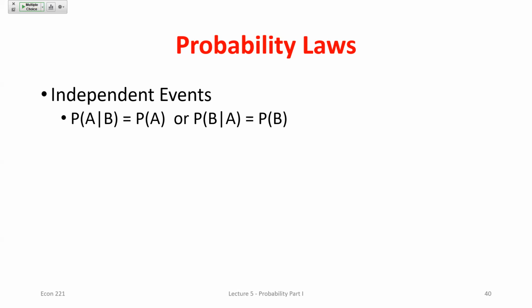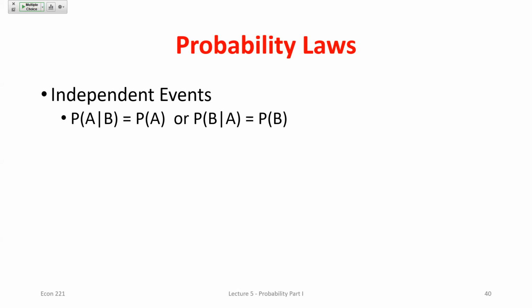Now if I want to find a conditional probability, let's say the probability of A given B, I'm going to look for the intersection of these two events divided by the probability of the one I'm conditioning on, the probability of B. I can grab these pretty easily from a contingency table or from my visual here.